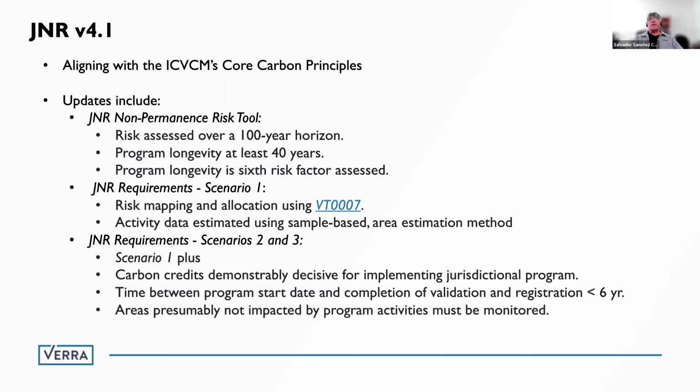But in addition, there have been a number of updates or amendments that we had identified and wanted to include in this JNR framework. So we took the opportunity to put together some of those updates, and also include those other changes that would more closely align the JNR framework with the core carbon principles.